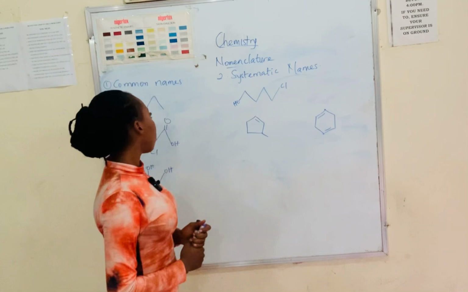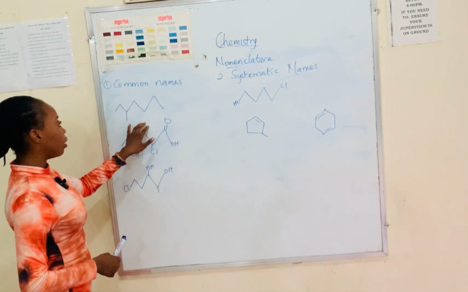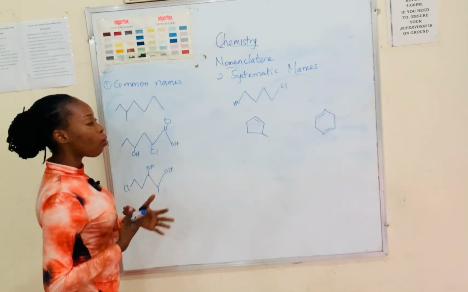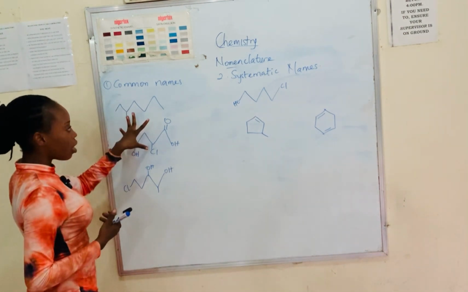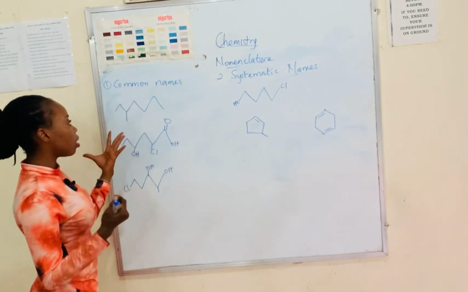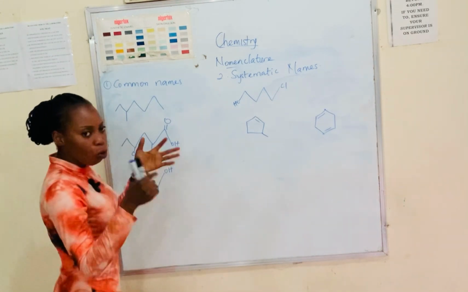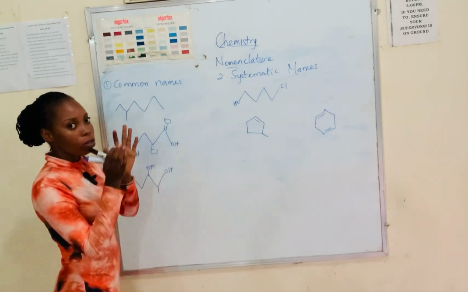Okay, so the first one we are going to be looking at is this one, and I told us that the first thing to look out for is the functional group. So the functional group in this is not distinct. There is no atom or group of atoms that will show you that this particular compound belongs to a certain family.